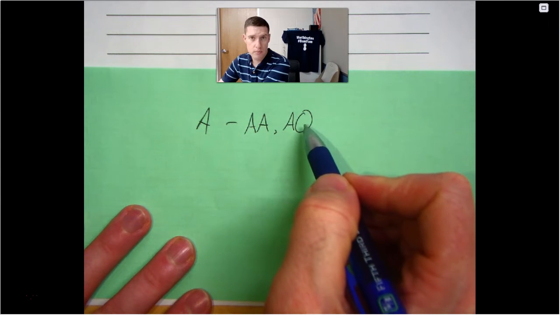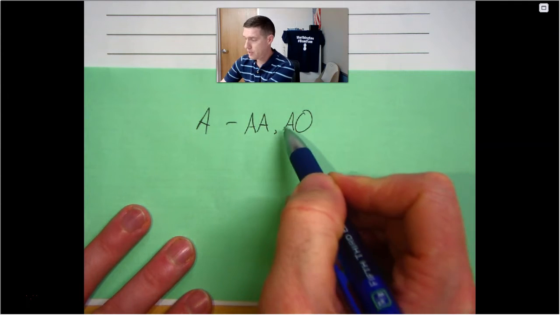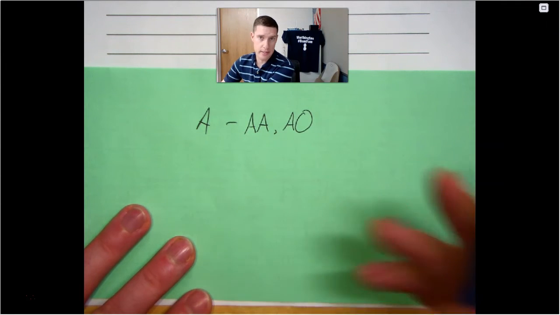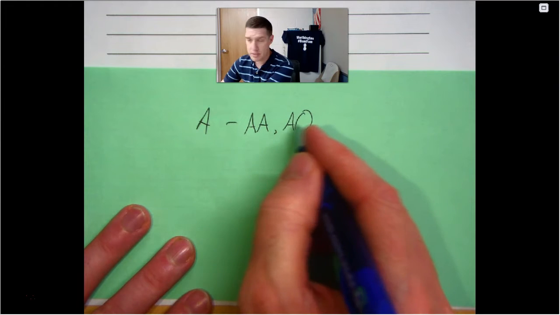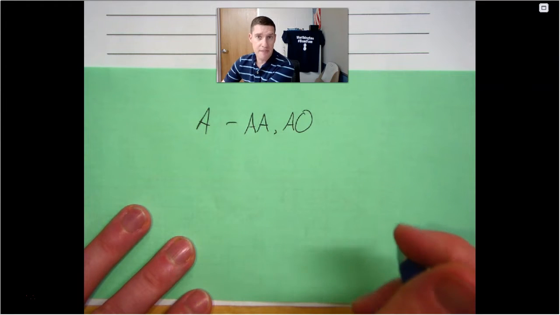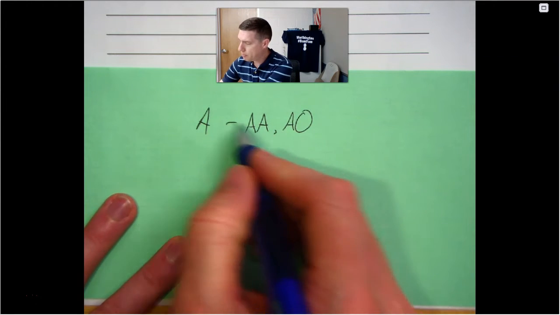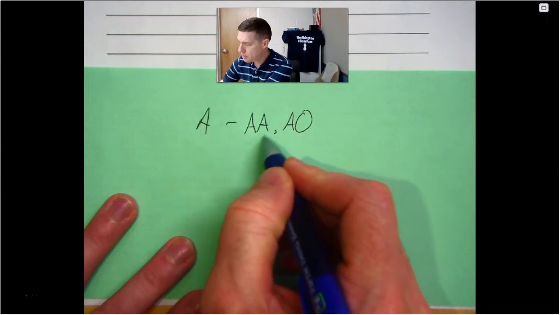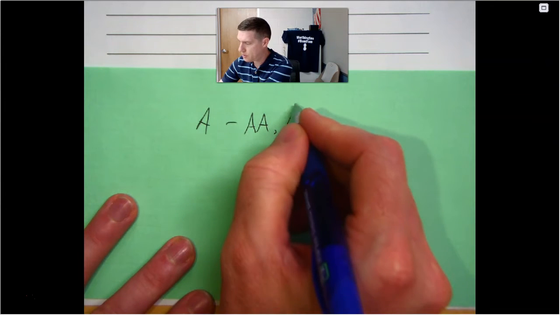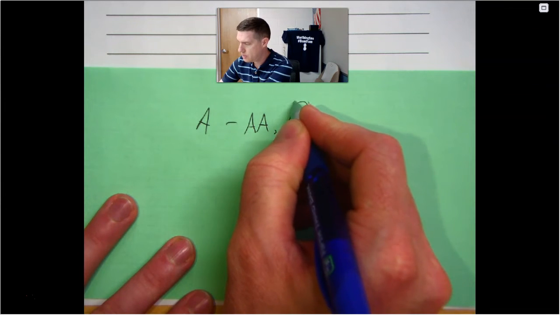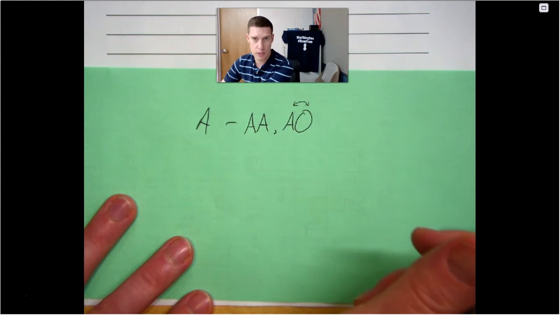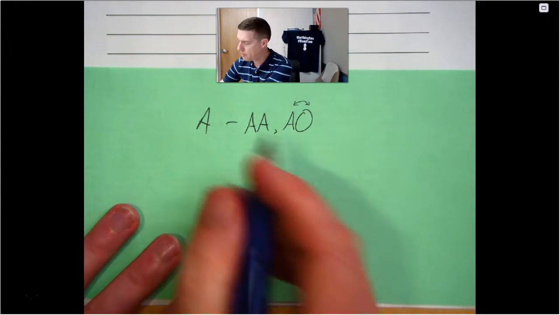By the way, since they're co-dominant, these 2 letters can be switched. OA, it doesn't matter. They're co-dominant. It doesn't matter the positioning. Both of these phenotypes are going to show up. So to be blood type A, you can either be this set of letters or this set of letters. And yes, these 2 can be switched. OA will still be blood type A.